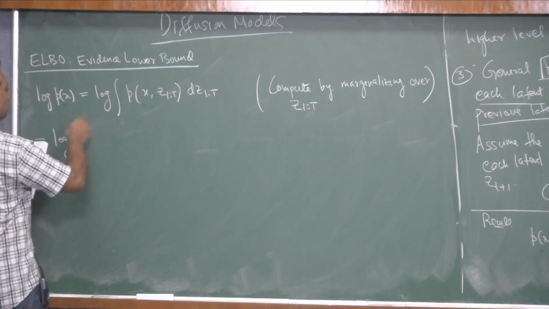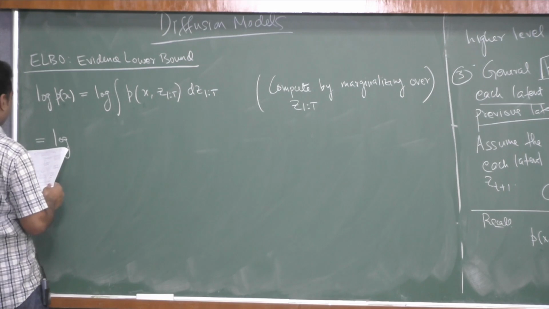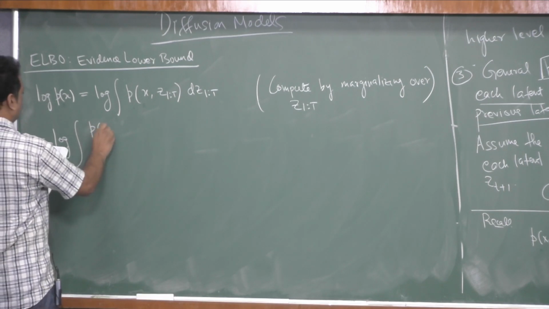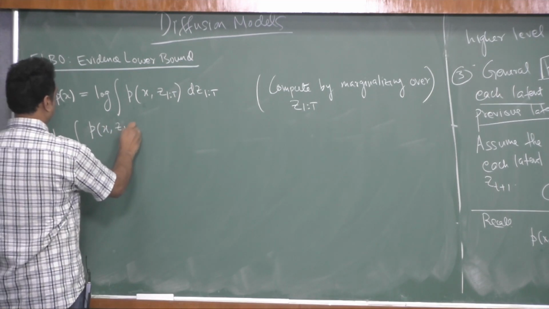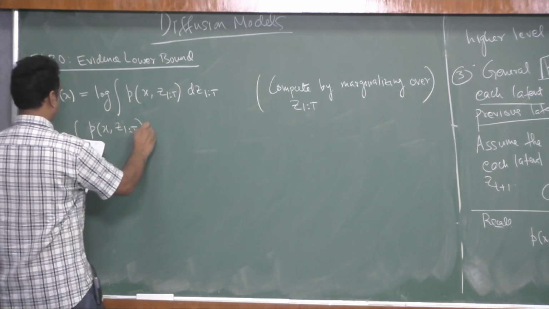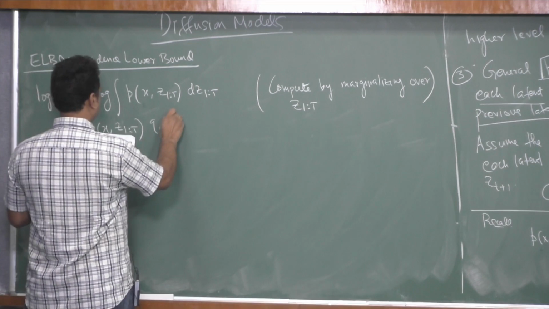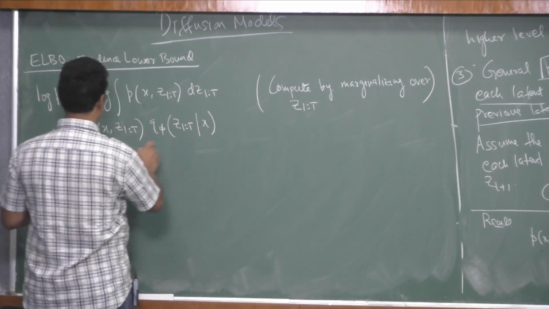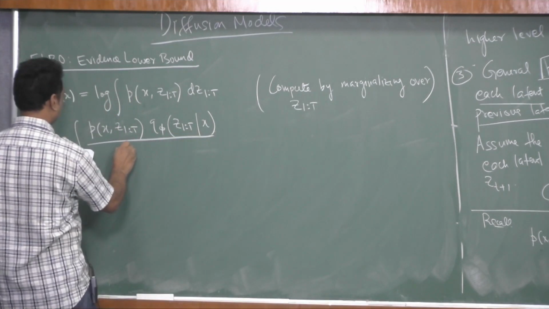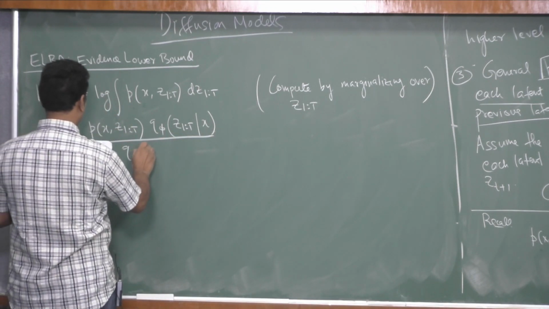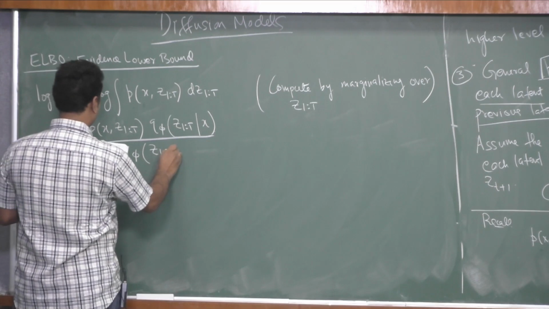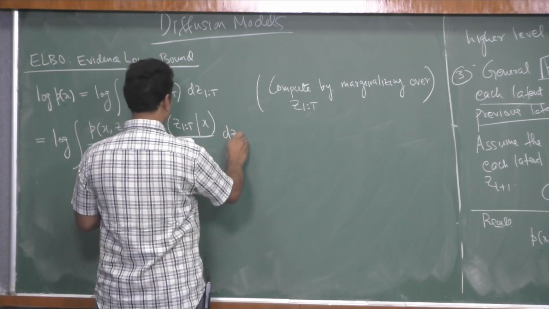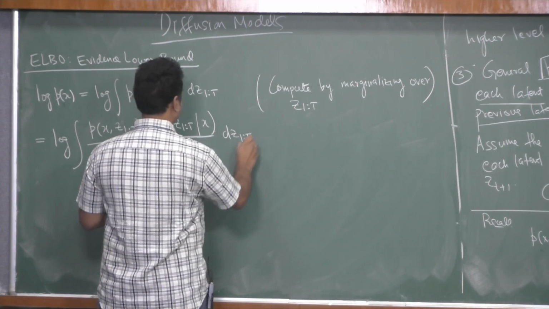So we will multiply and divide by the same quantity. So this is p of x z1 to t, q phi z1 to t given x, divided by q phi z1 to t given x, and this is dz1 to t.